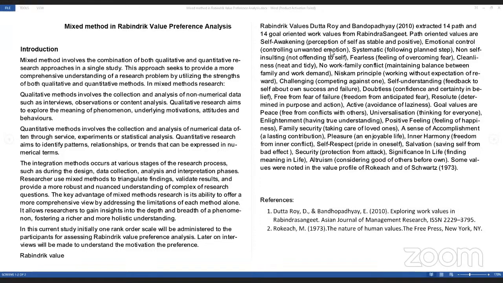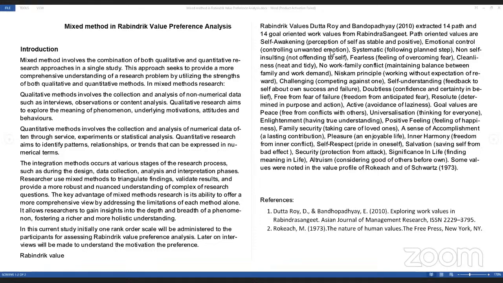And that will be discussed in the result section also. Next will be the discussion. After that, conclusion, reference, appendix.